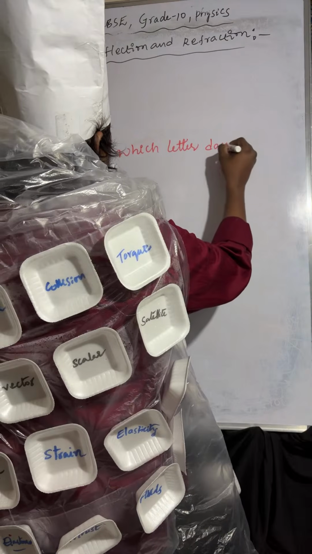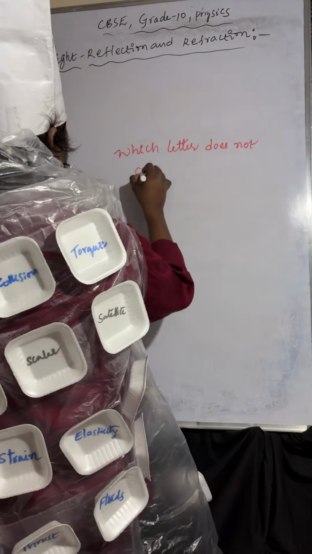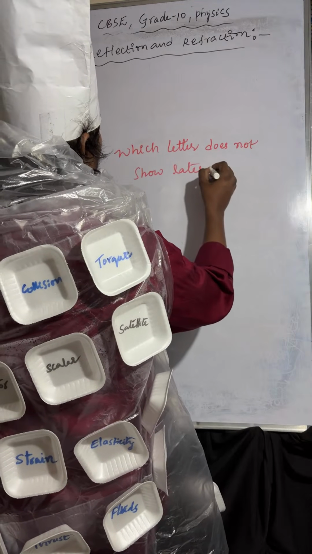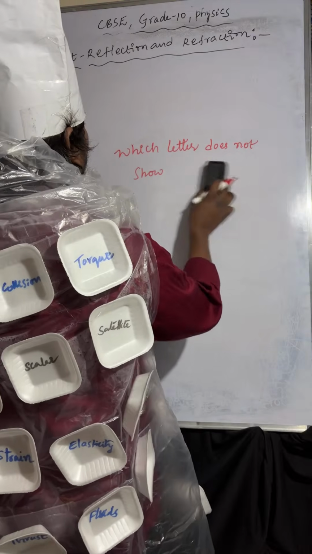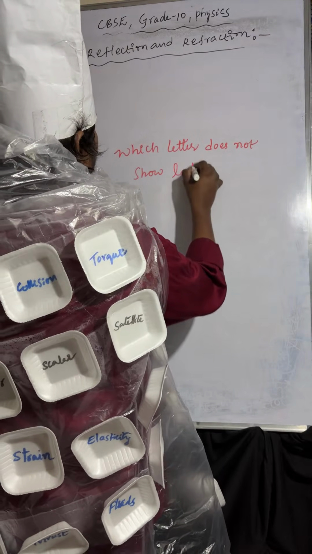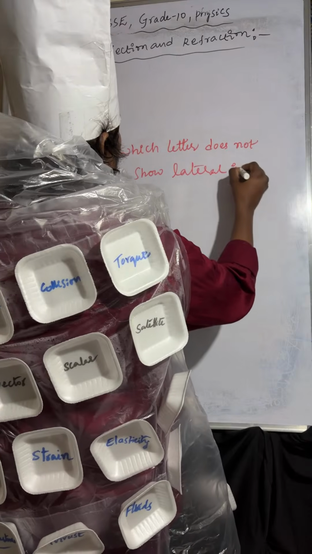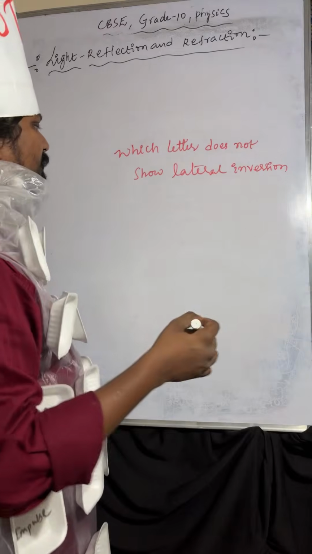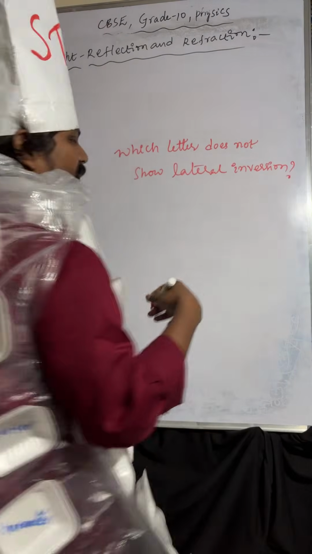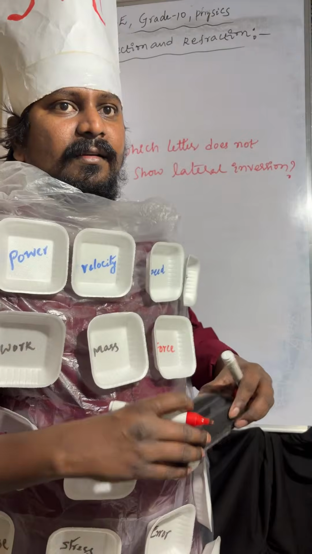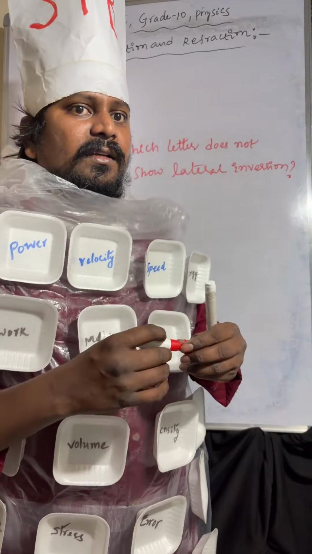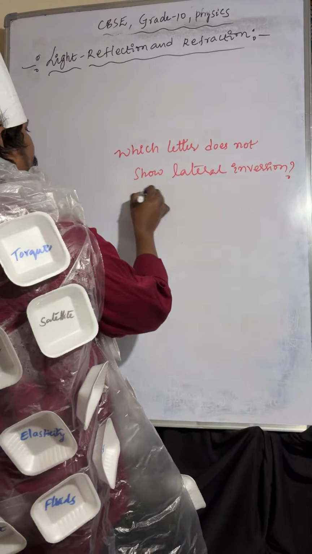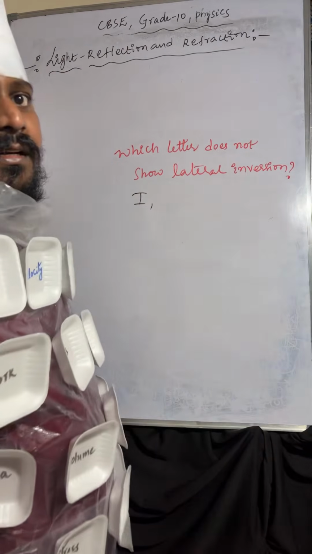Lateral inversion. All are capital letters. If you let me know the answer, I will write. My answer is, I am starting with I. Capital I does not show lateral inversion.